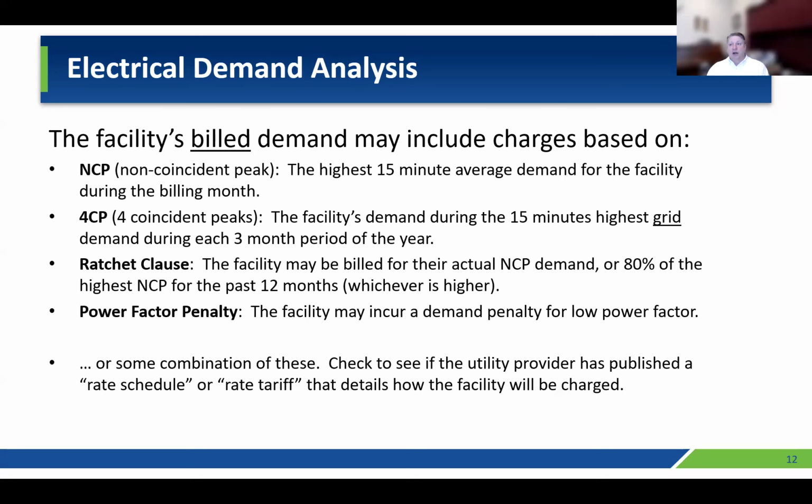And so they're going to recoup their costs whether you use it every month or not. And so if you have a particularly bad month, it may not just be a penalty that month for your peak demand charges. You may get penalized for the next 12 months in terms of what is a ratchet clause, because they're going to charge you for your actual peak or 80% of your highest peak in the last year, whichever is greater. And that percentage may vary from provider to provider, but it's typically around 80%.